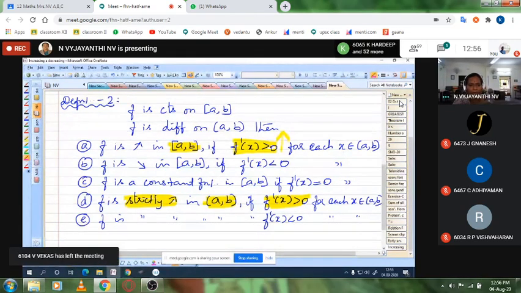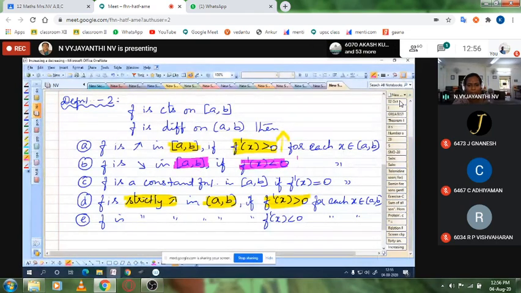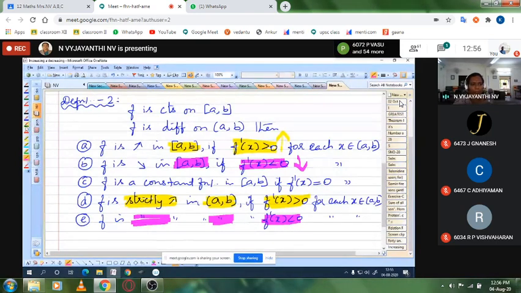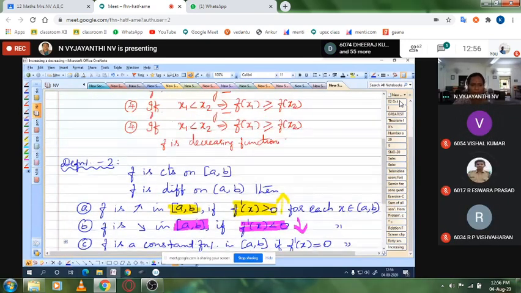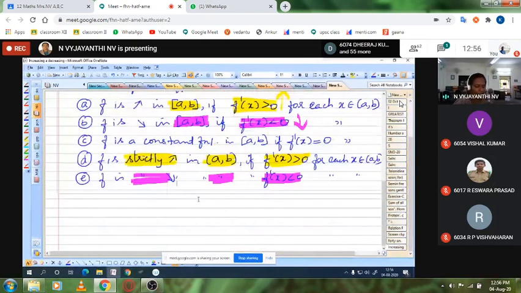Secondly, in the closed interval if f dash of x is less than 0, then it is a decreasing function. In the open interval if f dash of x is less than 0, then it is a strictly decreasing function. Okay, got it? So we are using this one for solving the problem.